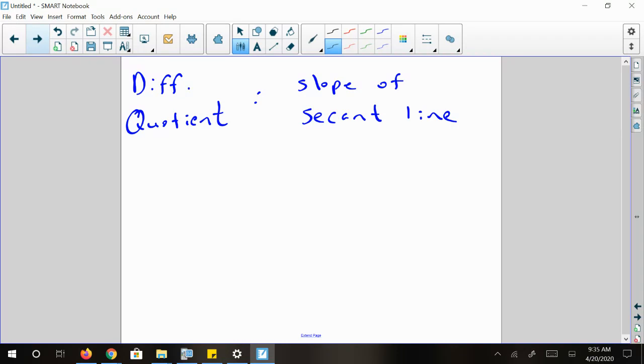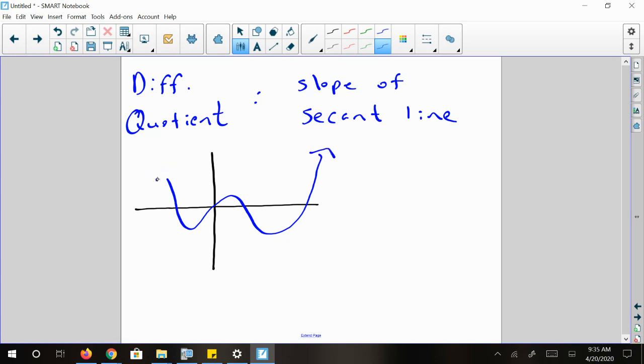And to help us illustrate the difference quotient, I'll go back and redraw that same picture that we had on the last page. So if I was going to find the difference quotient between these 2 points right here, I wanted to find that slope. What I'm going to do here is give some arbitrary names to this.